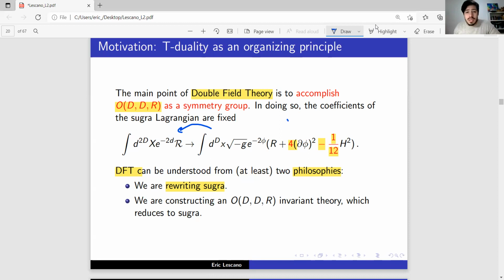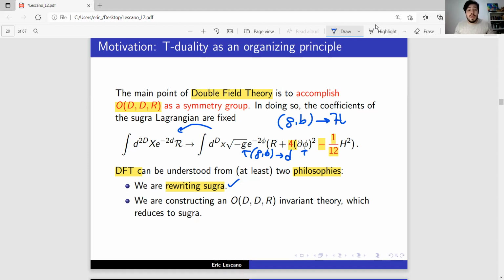I took, for example, G and B from the supergravity, and I put this on a generalized metric, for example, and I took this determinant over here and this dilaton over here, and put this on a generalized dilaton. This is a way of thinking double field theory. That's a rewriting of supergravity, of Sugra.